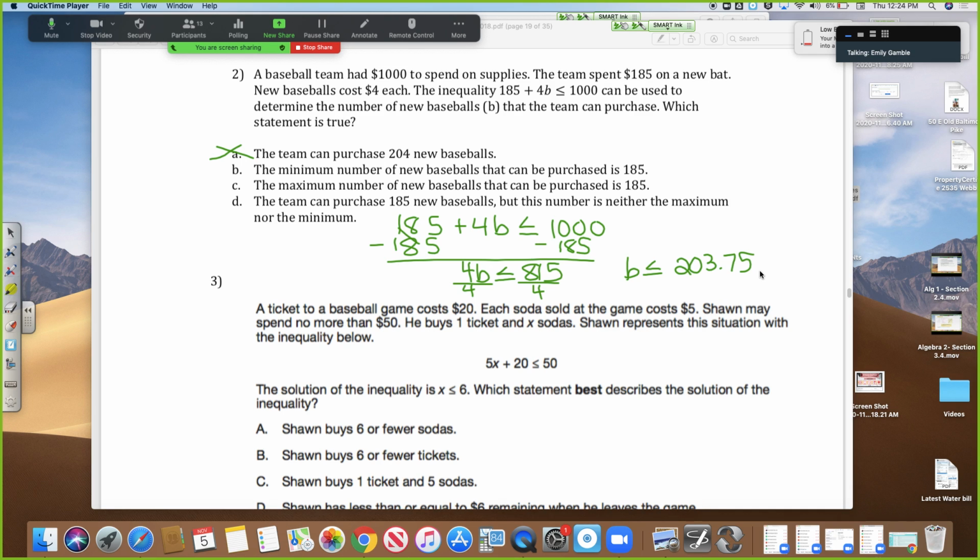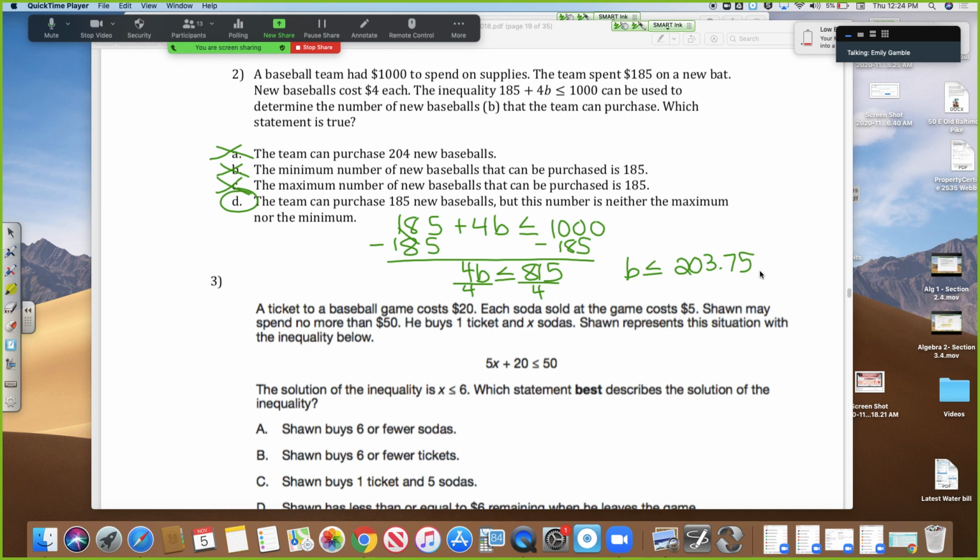The most they could purchase is 203. Is it B, the minimum number of baseballs that can be purchased is 185? No. The minimum that they can purchase is 0, right? The maximum is 185? No, we already just said the maximum is 203. So the team can purchase 185 new baseballs if they want, but this is not the maximum or the minimum. The only one that makes sense is D.